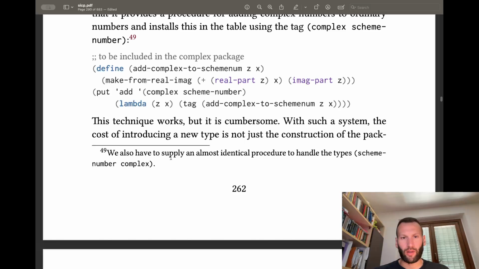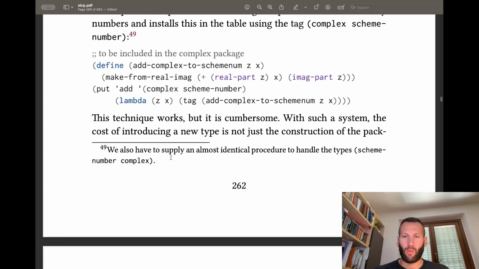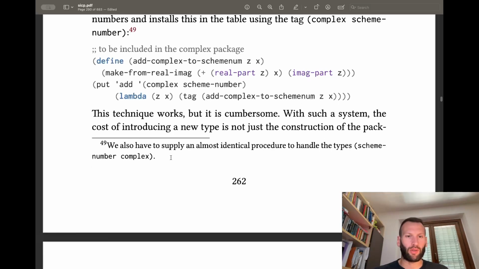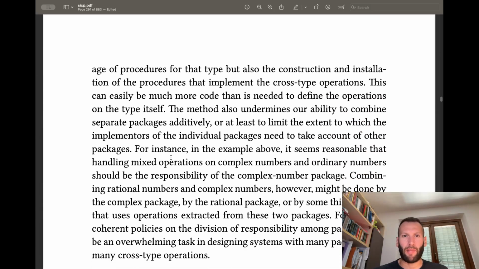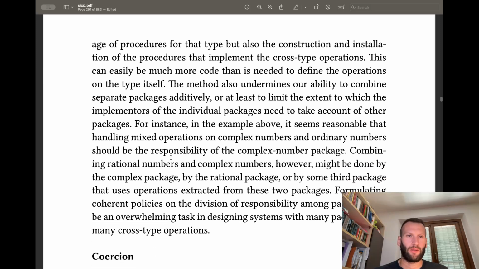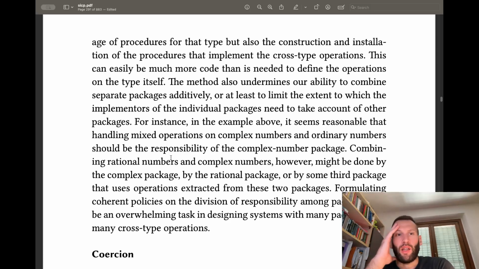This technique works, but is cumbersome. With such a system, the cost of introducing a new type is not just the construction of the package of procedures for that type, but also the construction and installation of the procedures that implement the cross-type operations. This can easily be much more code than is needed to define the operations on the type itself.